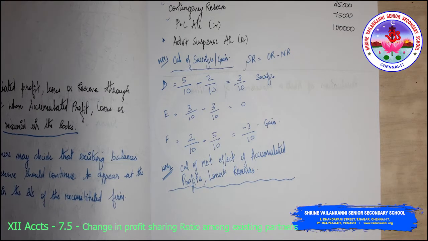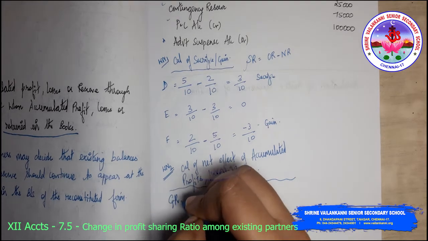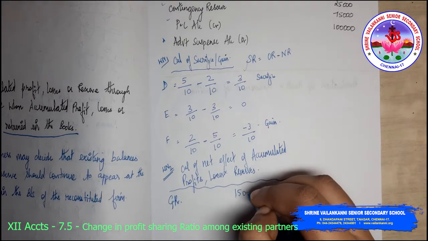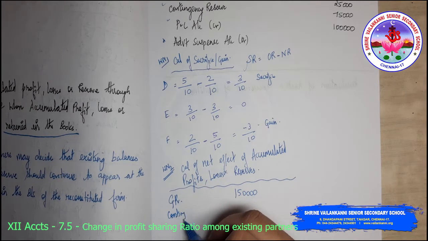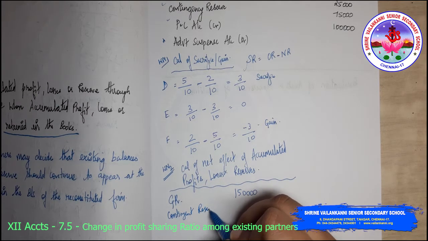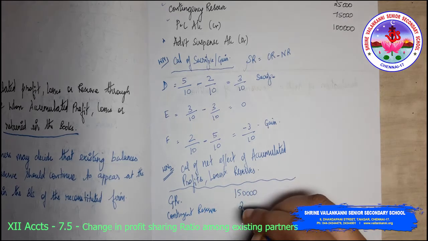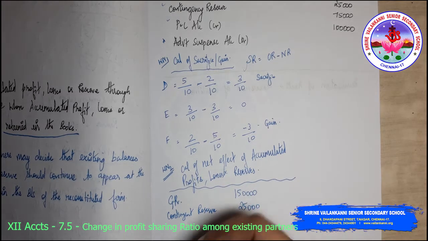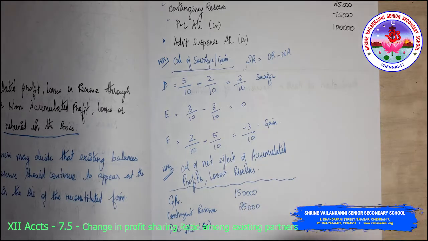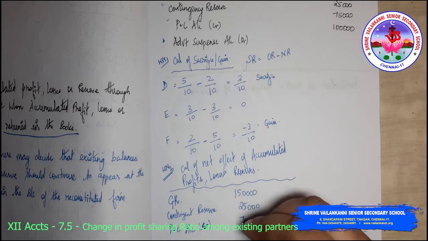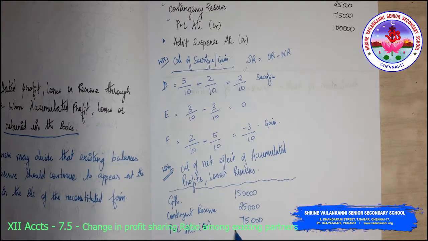So we have general reserve, which is 1,50,000, contingency reserve we have 25,000, profit and loss credit balance. Credit balance means it is a profit. Okay, so credit balance is 75,000.